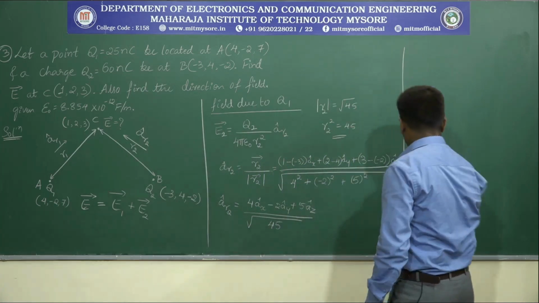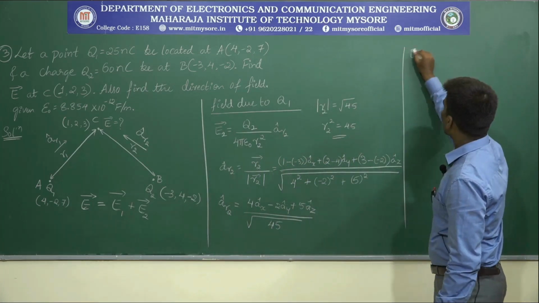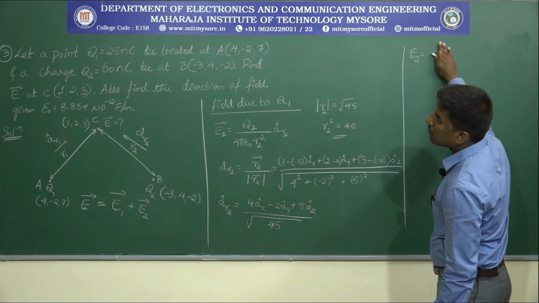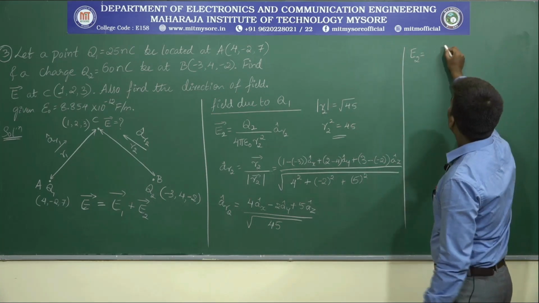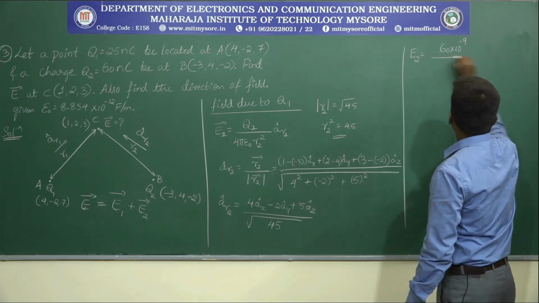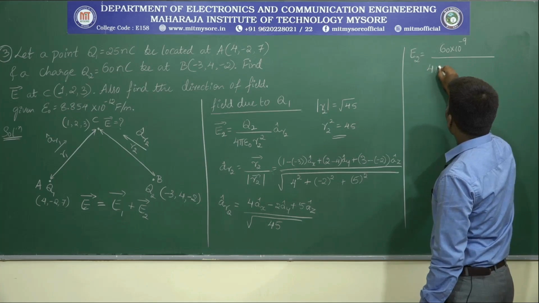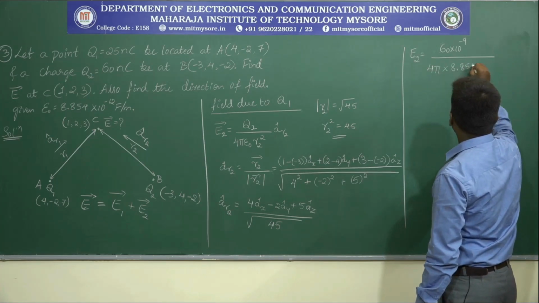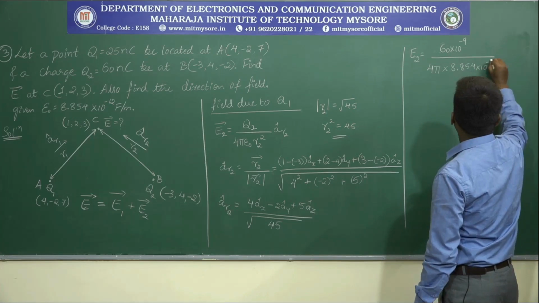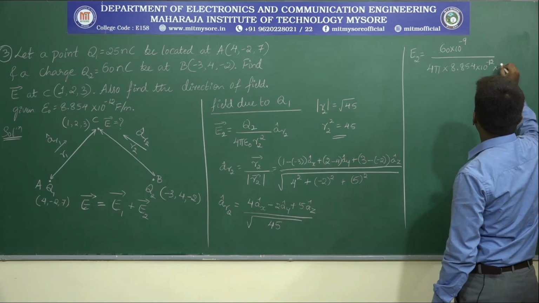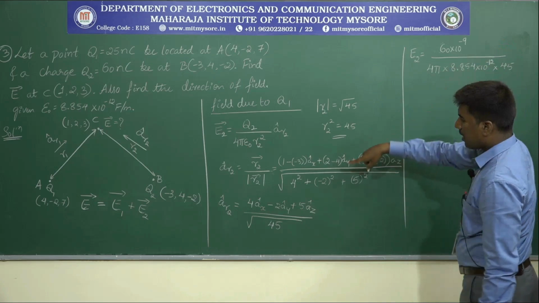So let us substitute for E2 here. E2 is equal to Q2. What is the value of Q2 given? Q2 is 60 into 10 power minus 9 coulomb divided by 4 pi into epsilon naught, 8.854 into 10 power minus 12, okay, into R square, that is 45, into A cap R2.